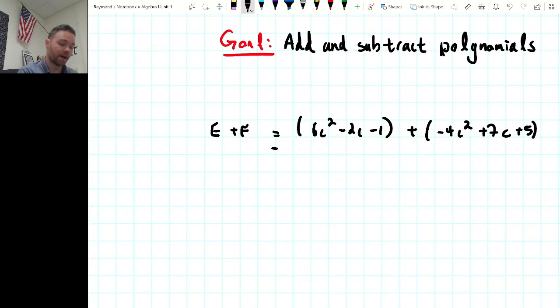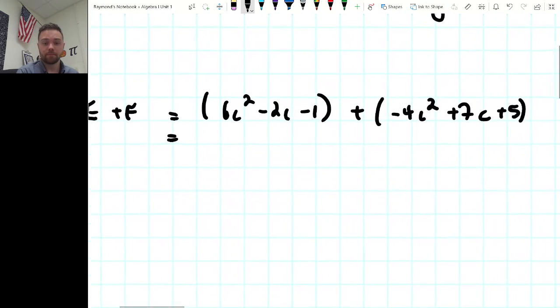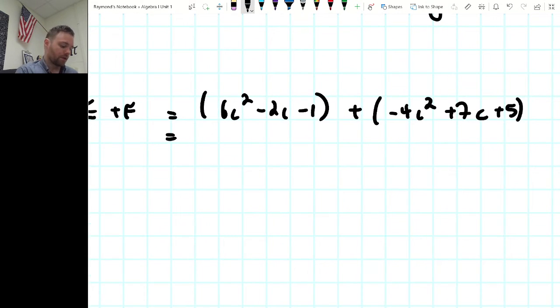So first we have to add those two polynomials. The parentheses have just a 1 in front of them, and there's an addition sign between, so they're really not needed. It's just to show you that you can group those two. That first part was E and that second part was F.